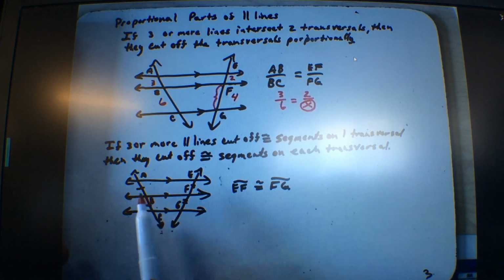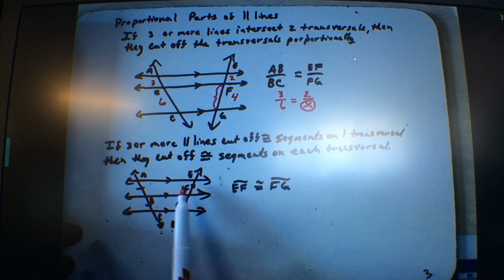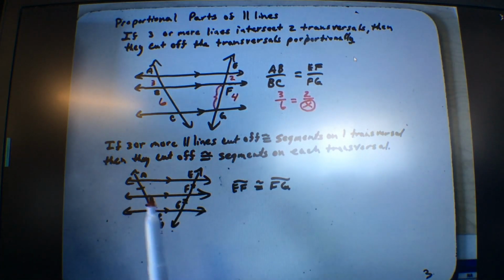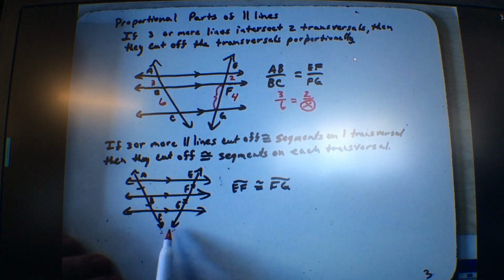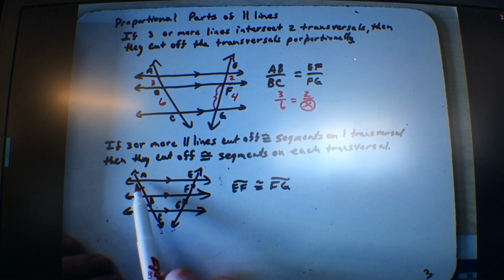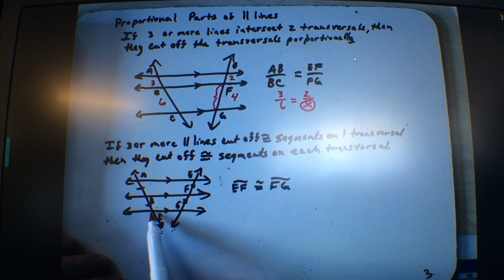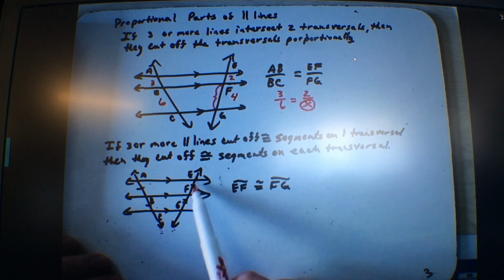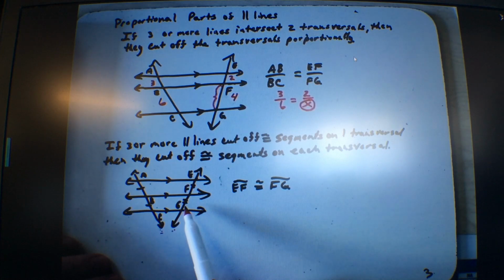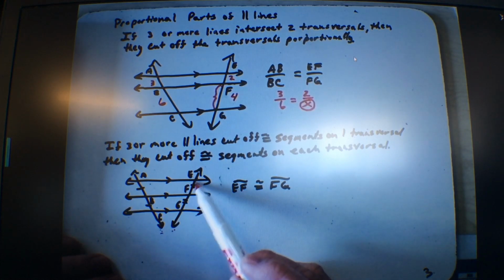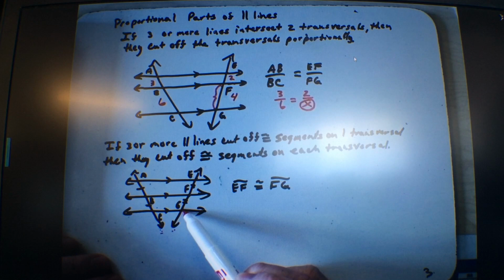If we have parallel lines, in this case three, that are cut by two transversals so that one transversal is cut equally, then any other transversal has to be cut equally also. That means this distance here is the same as this distance here.